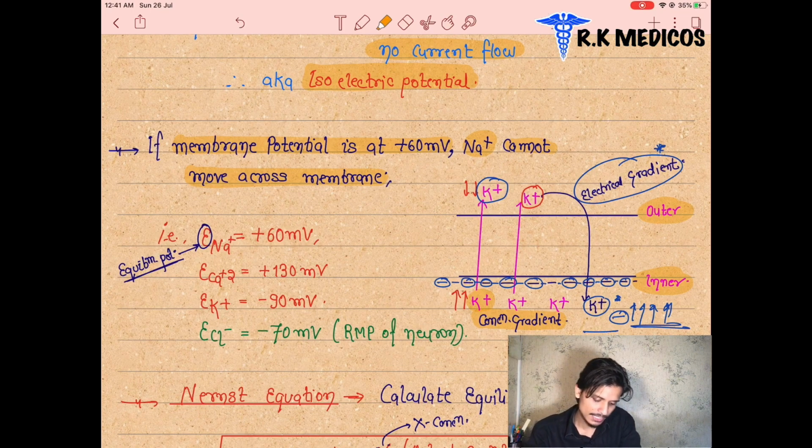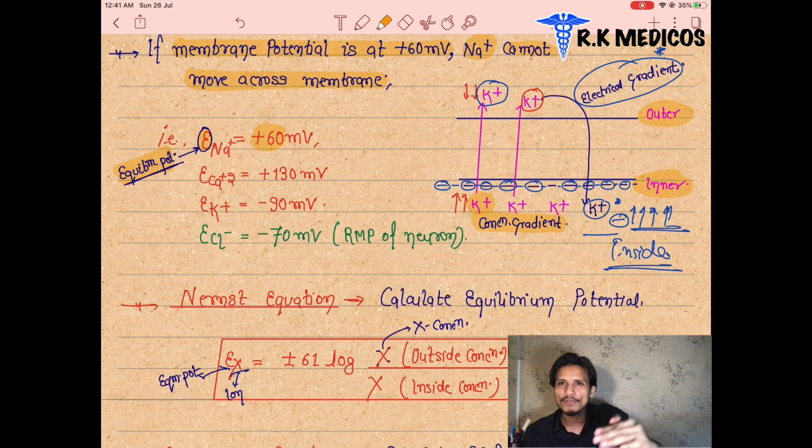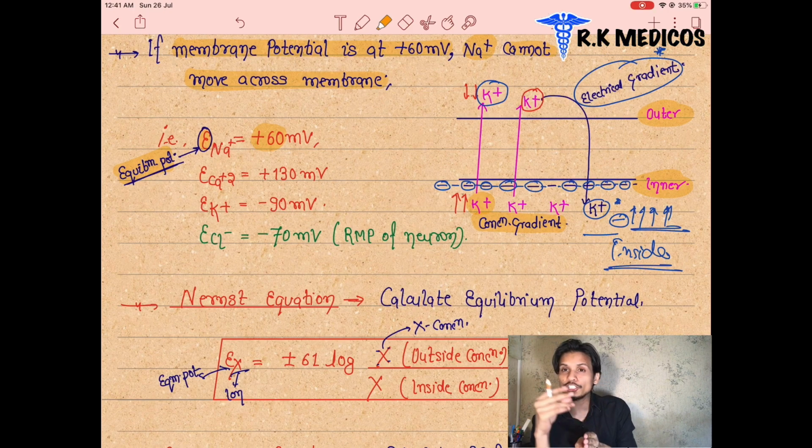We can see E here denotes equilibrium potential, and for sodium the equilibrium potential is plus 60. What does equilibrium potential mean? The concentration gradient is equal to the electrical gradient, so there is no movement of ions. So the equilibrium potential of sodium is 60. It means they are not going to move out or in; they are stopped. Their isoelectric point is attained here.